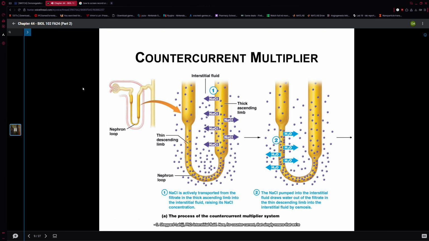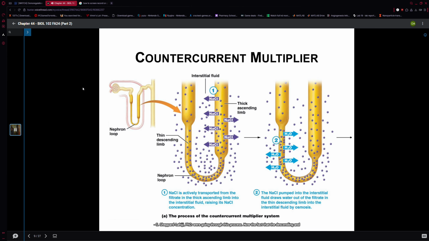Now for countercurrent, that simply means that we're moving in opposite directions, and we're focusing on these parallel portions of the nephron loop. So there's an opposite direction of fluid flow through these adjacent or nearby sections of the nephron loop. Now, the multiplier is going to multiply, so it's going to increase the effect through going through this process.